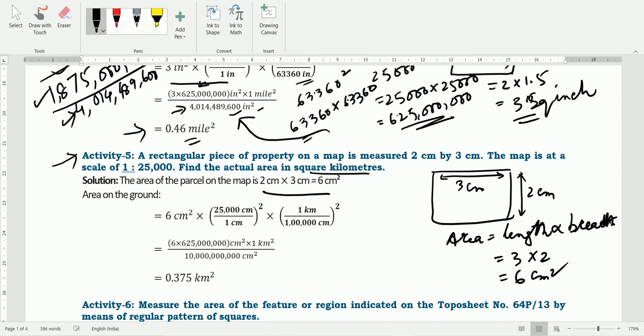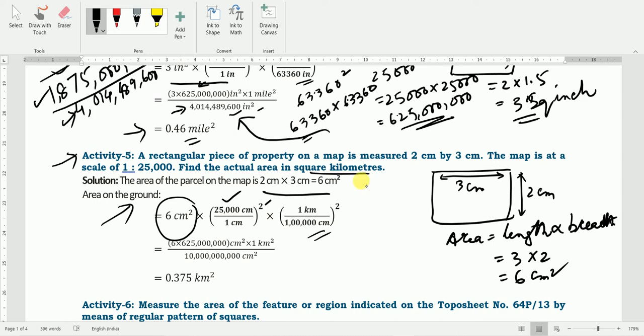To find the area on the ground, we apply the same formula. This is multiplied by the scale factor 25,000, and it is to be squared. Since we are going to express in kilometers, we divide by 1 lakh centimeter squared, because 1 kilometer is equal to 1 lakh centimeter.